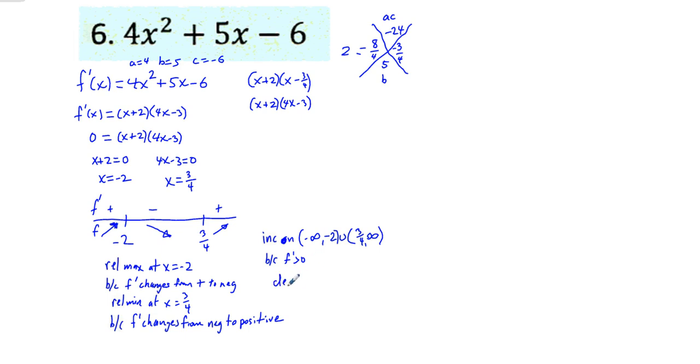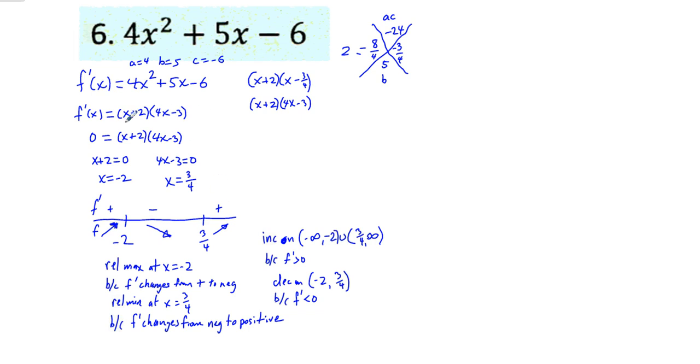And decreasing on -2 less than x less than 3/4 because f prime of x is less than 0 over this interval.